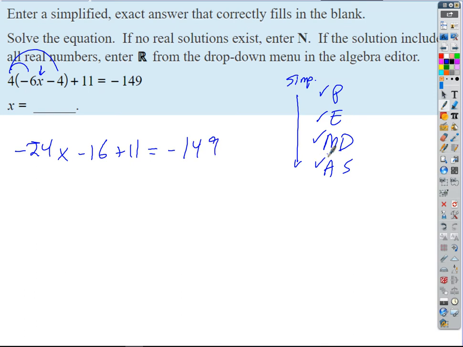We could add up some like terms right there. Negative 16 plus 11 is negative 5. Now that's looking pretty easy, right? Now all we got to do is reverse the direction and we'll isolate, right? So what do we, 2 steps in order. What do we do first? Add 5, good.